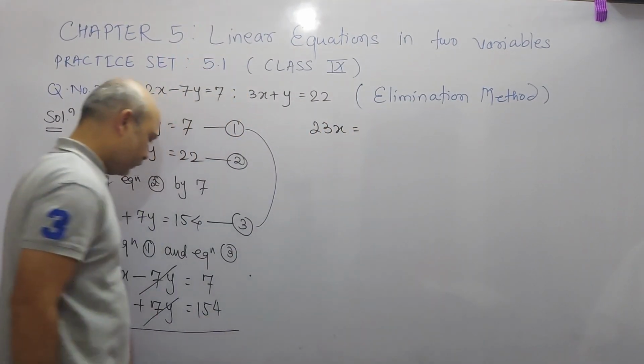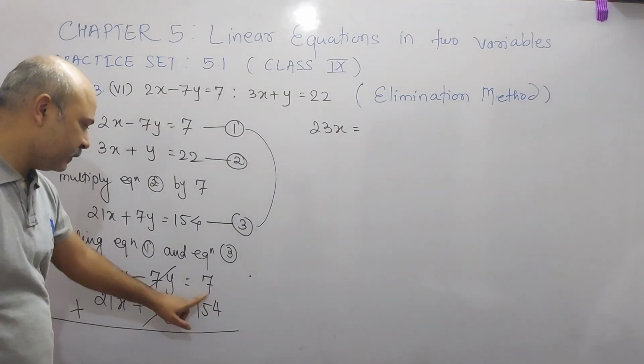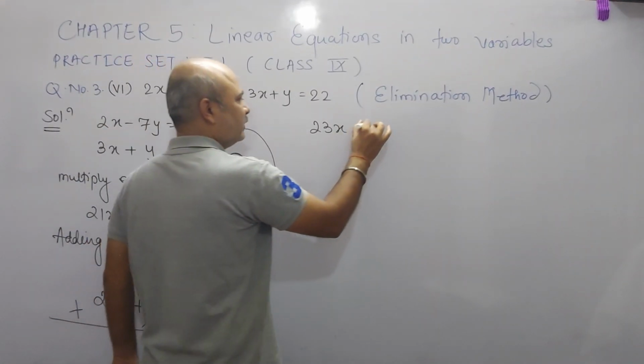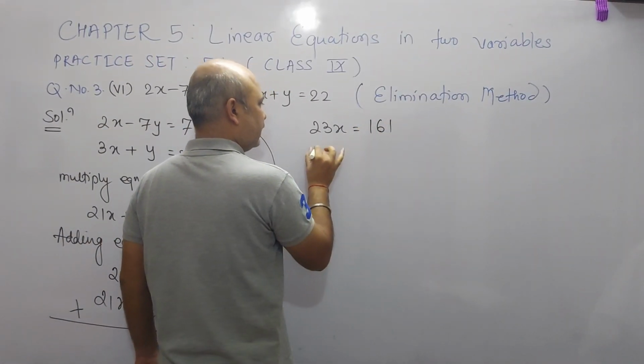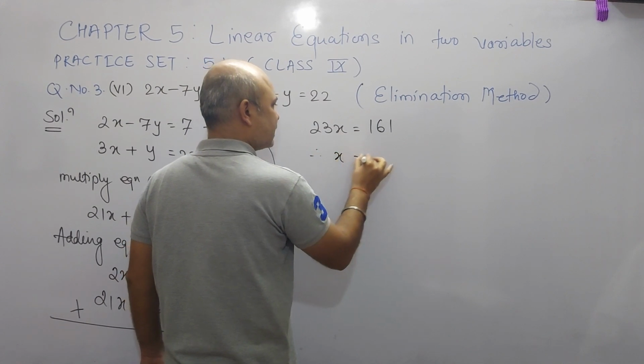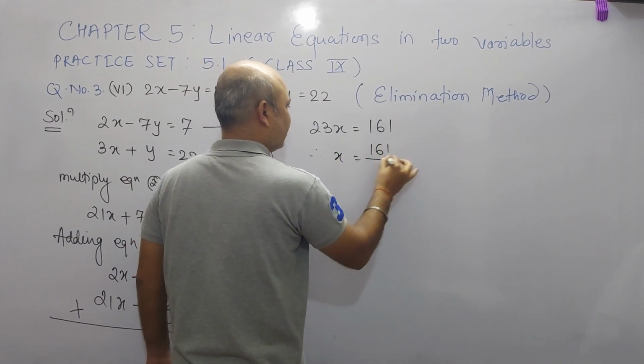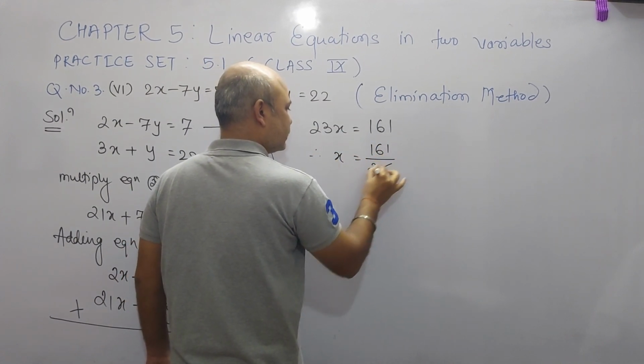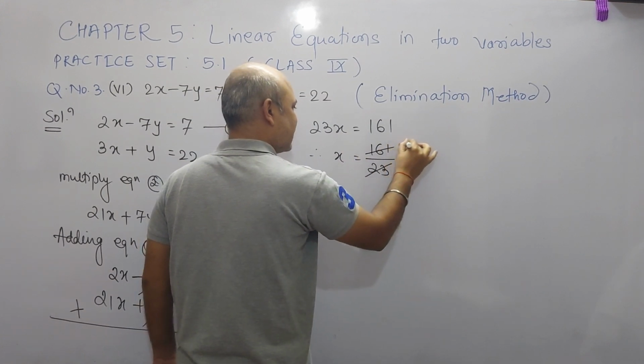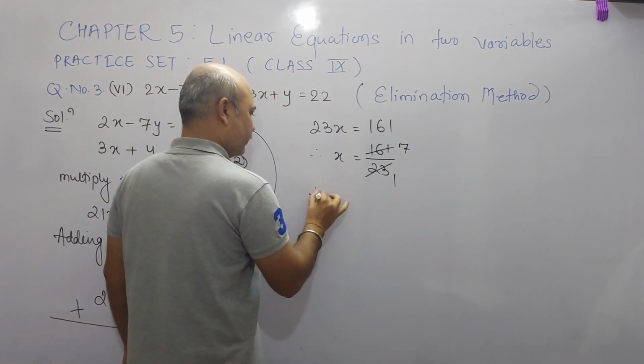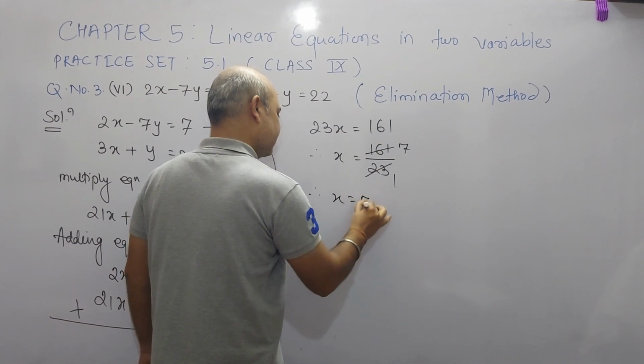And this is equal to 154 plus 7, 161. Therefore, what will be x? 161 divided by 23. 23 sevens are 161. Therefore, the value of x is 7.